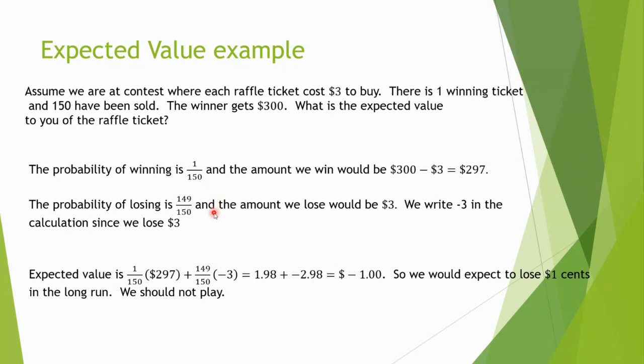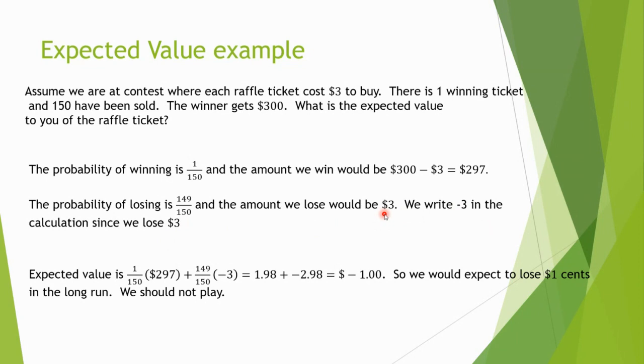Okay, so what would the expected value be? Well, that's what this is, right? We're taking each outcome, in this case winning $297, because we're either going to win or lose, and multiplying by the probability, as you can see. Same thing for the other one. The other event is losing, we get -3.